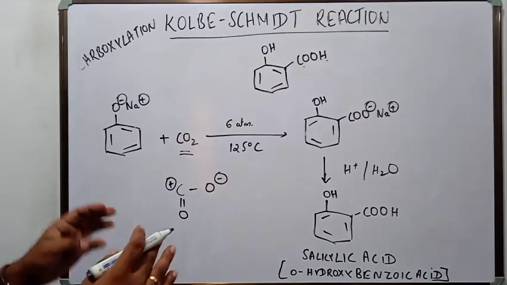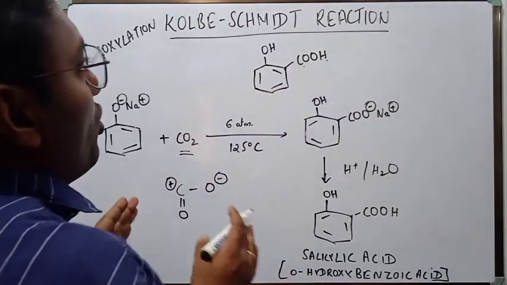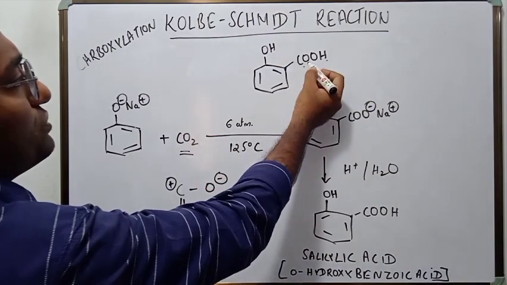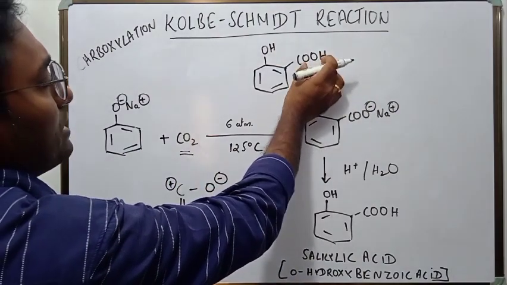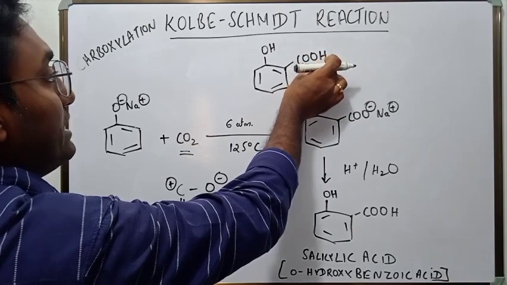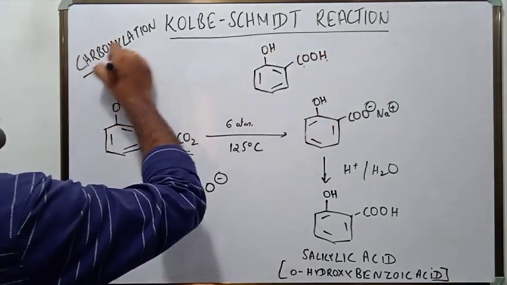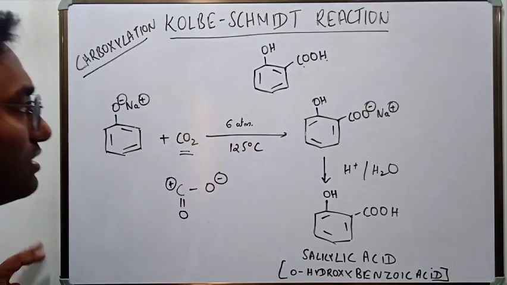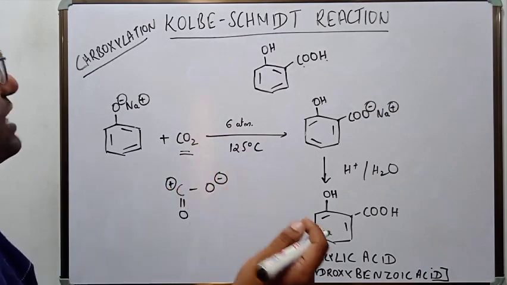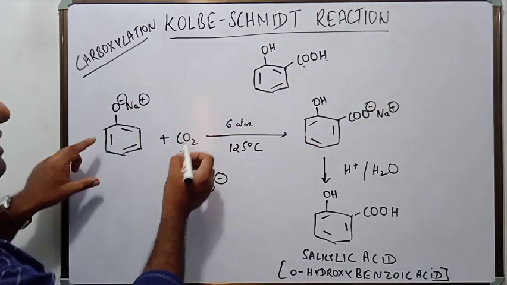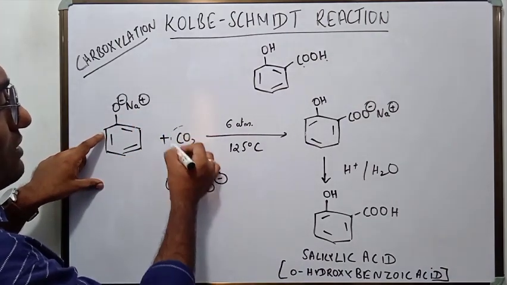Now there are 3 things that I want to say. The Kolbe-Schmidt reaction involves the introduction of a COOH group, a carboxylic acid group. As it involves this introduction, the reaction is also called carboxylation. Second point, it involves carbonation.